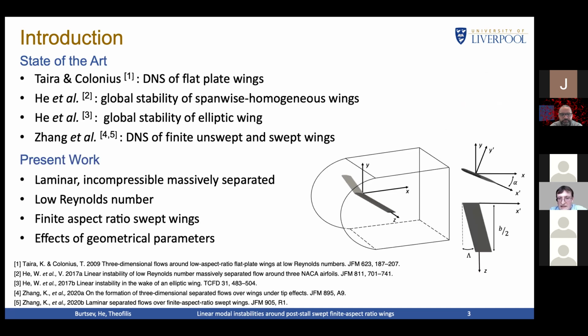Our analysis is at similar conditions of laminar, incompressible, massively separated low Reynolds number flow over finite wings, with the domain covering a half wing body as shown here. We are specifically interested in the effects of wing geometry on the modes.